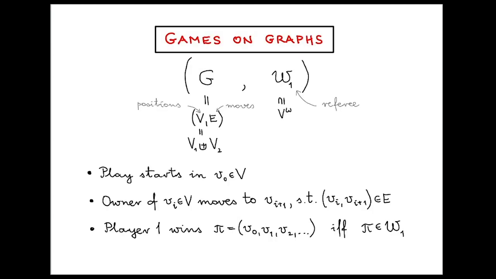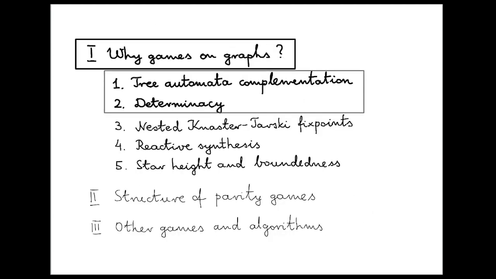We're going to start with an application to tree automata complementation. It's a classic result of Rabin that has already been mentioned in tutorials by Mikołaj and Orna.